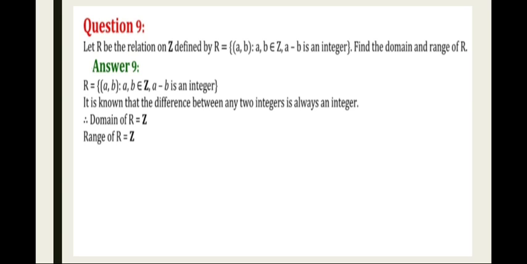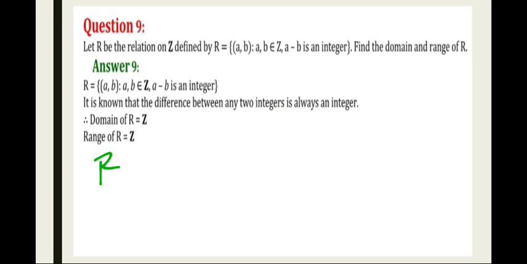The relation set R will contain those ordered pairs where the difference between the first element and second element is an integer. Now, you know that the difference between any two integers is an integer.